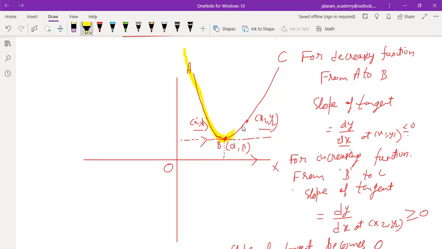And from B to C, the function is increasing. And at B, function is changing its property from decreasing to increasing. And whenever the function changes its property from decreasing to increasing, always remember, this is the point of minimum. Is that clear to everyone?